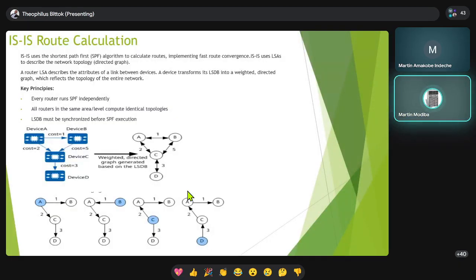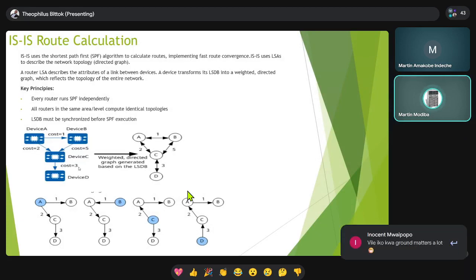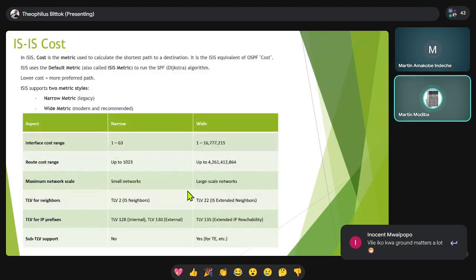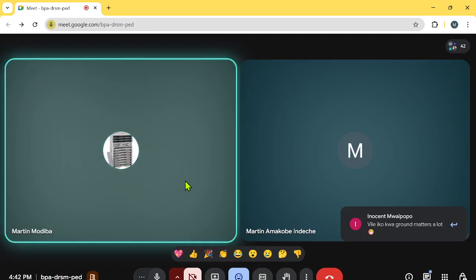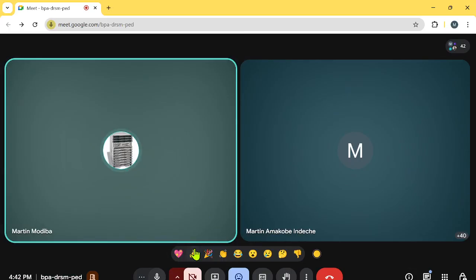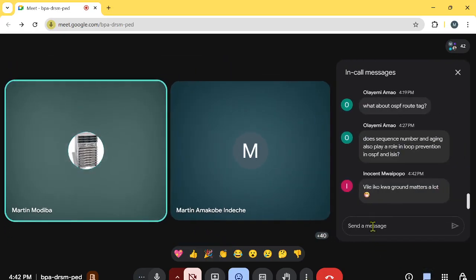Think of it this way. This is what I faced when I was still learning networks. When you build a lab, it looks so simplified. You can type in everything that you want to run. But now you take that very same principle to the field.